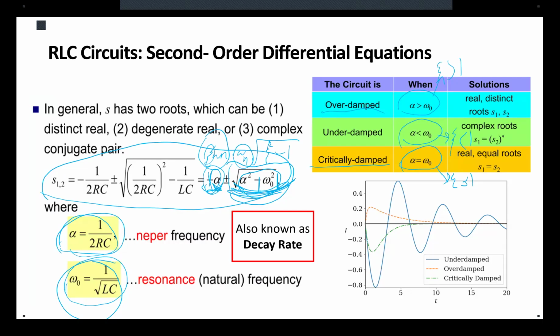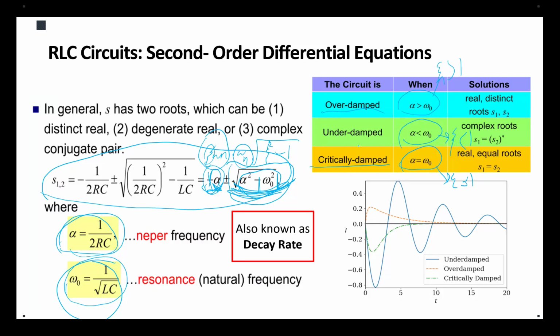Your zeros are going to be two complex numbers which are conjugates of each other. So whatever is the value of the imaginary part is going to be your oscillation frequency. Remember that? So that's why we call this second term the oscillation frequency. Are we good?